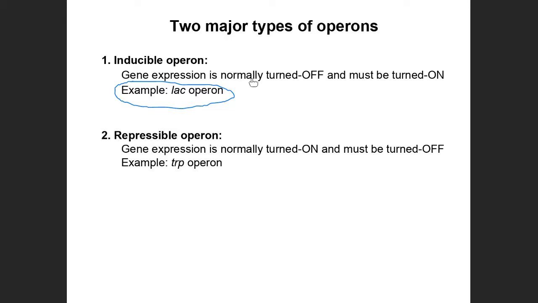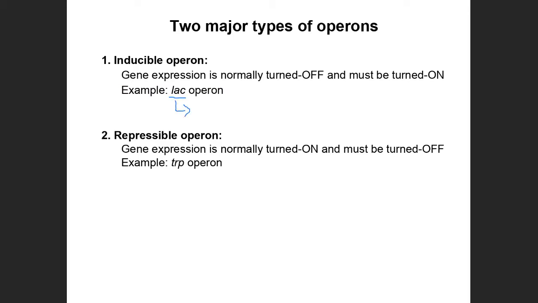So there are operons referred to as inducible operons. Normally, gene expression of these operons is turned off. There has to be something that induces gene expression of the operon. In other words, it causes gene expression to be turned on. An example of an inducible operon we're going to go over is called the Lac Operon.